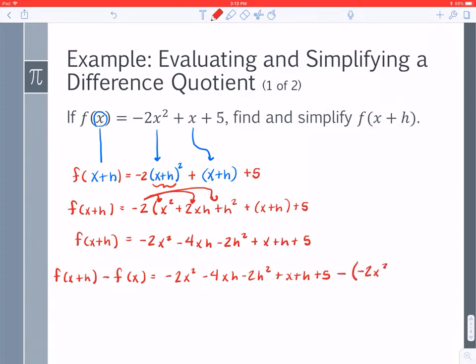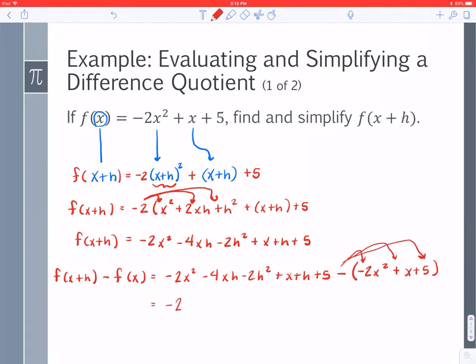Minus 2x squared plus x plus 5. All right, to do this subtraction, I need to distribute this minus sign across these three terms. And I'm going to do that.